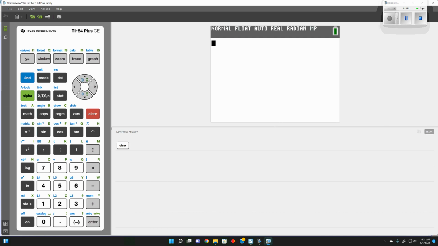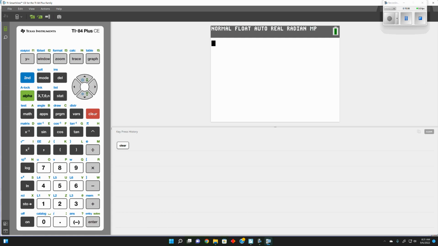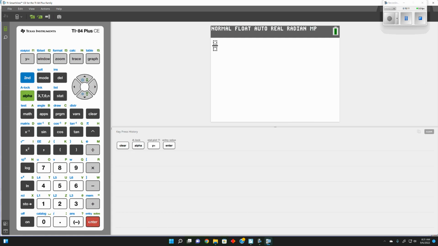Now, with the graphing calculator, it's not going to like pi. It may try to convert it to a decimal. So we can try this here. We can look at the first one, 13 pi over 6. In the graphing calculator, we can go alpha y equals enter, 13, and pi is right here, over 6.